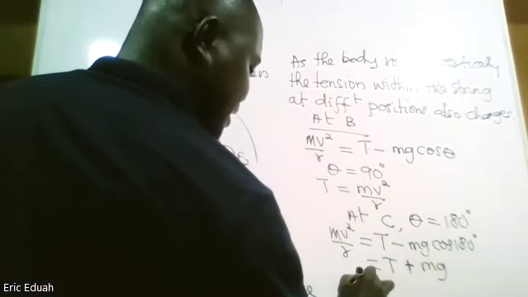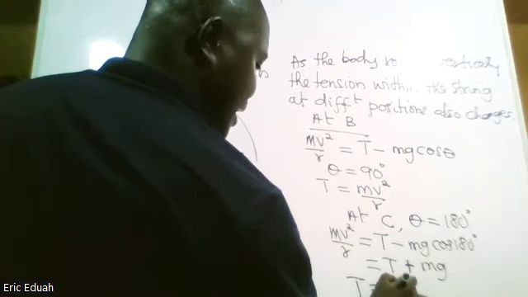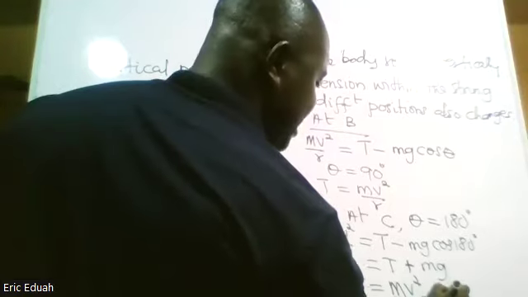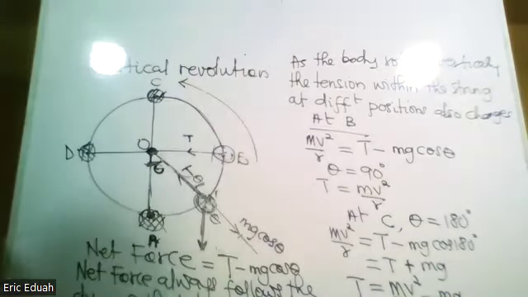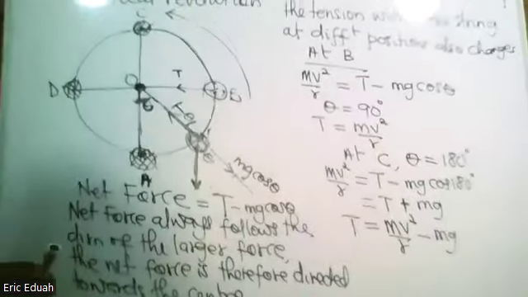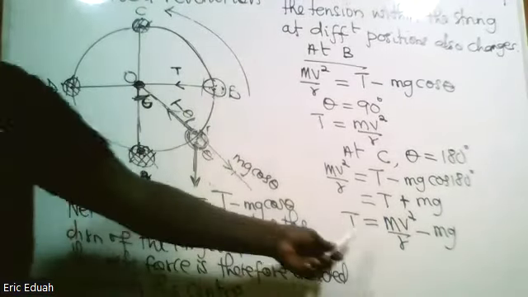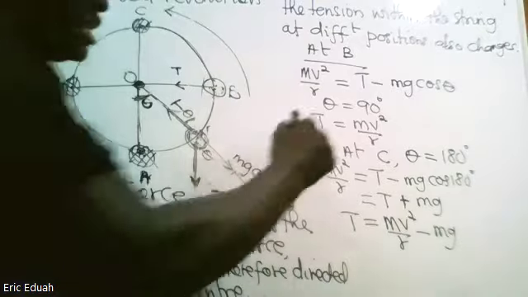Therefore, T is equal to mv squared over r minus mg. So when the body moves from down here, A to C, this is the expression for the tension in the string.